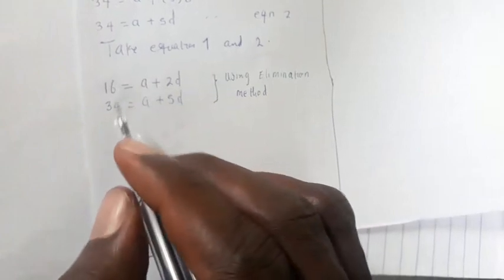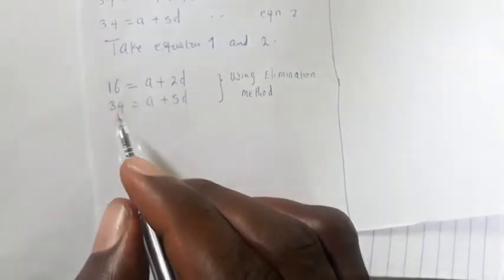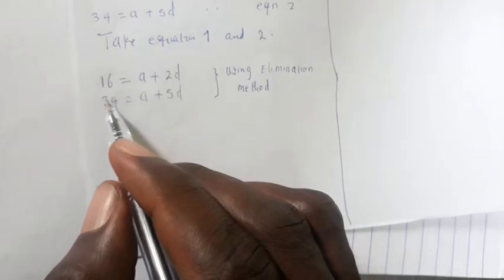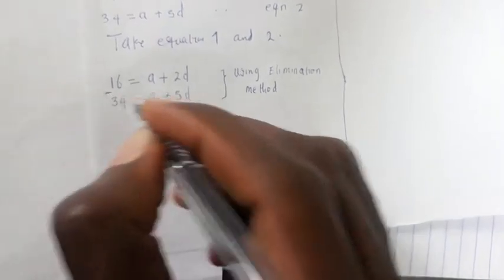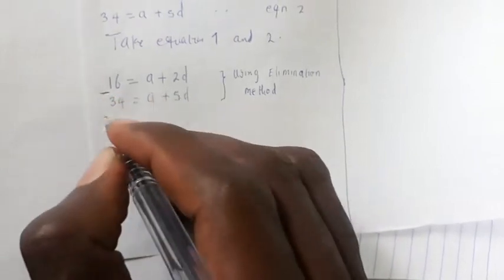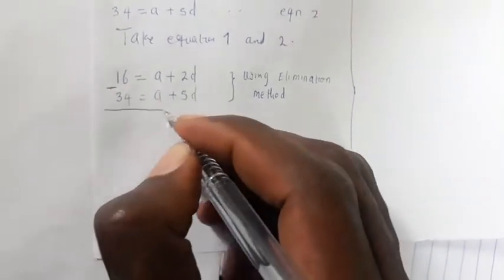Now, what are we going to do? Subtract equation 1 from 2, meaning 34, that's 16, should be subtracted. By subtraction, let's move.